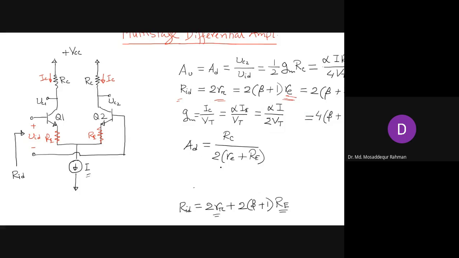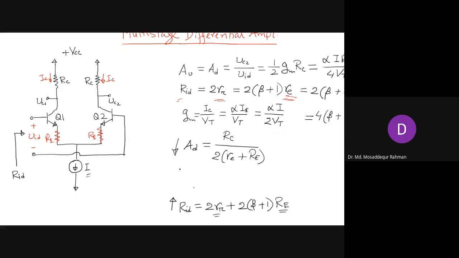So with the introduction of the emitter resistance, while RID goes up, the gain again goes down. So any attempt to increase the input resistance actually affects the gain in an adverse way, it decreases the gain.